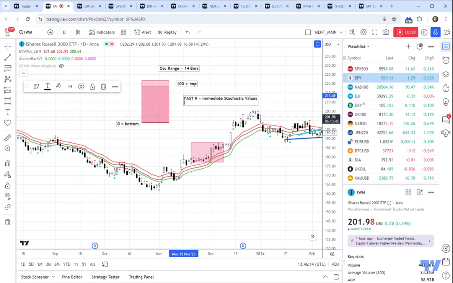Okay, then slow K equals an average of the fast K values. That's where we get the first slowed value. Okay, so understand, and then we have what's called slow D equals the average of the slow K values.